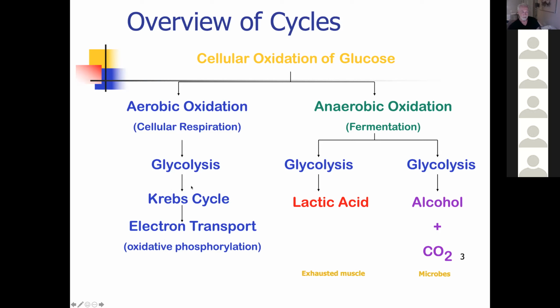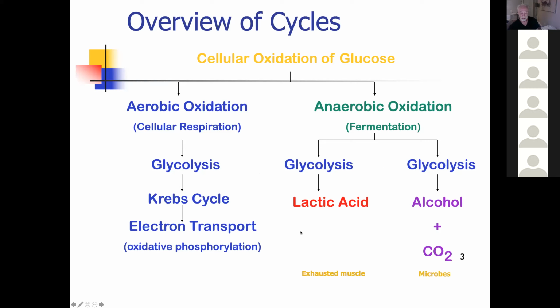Now, supposing there's no air, it's anaerobic, and the condition then is known as fermentation. And notice that again, it leads to glycolysis. So you end up with glucose, end up breaking it. But at this point, the next step, Krebs cycle, does not happen.